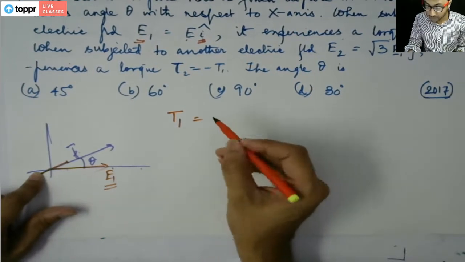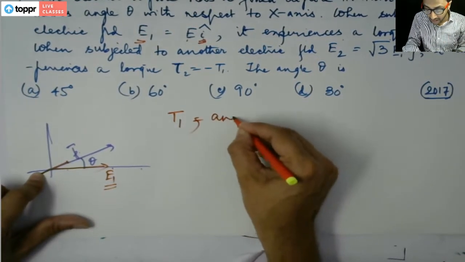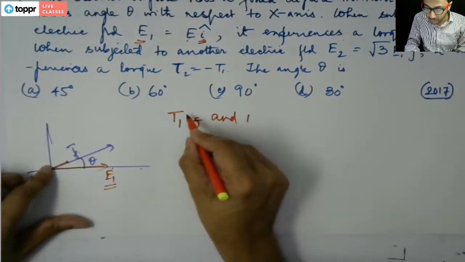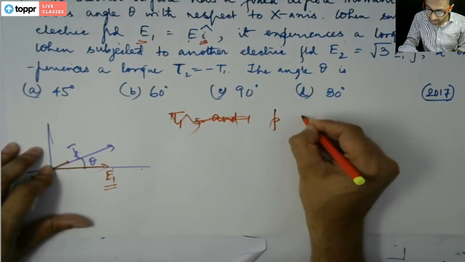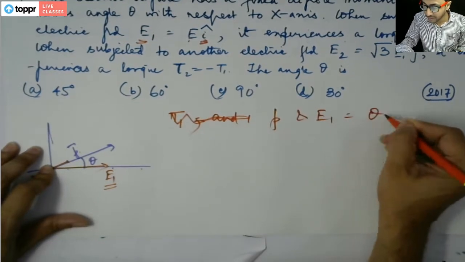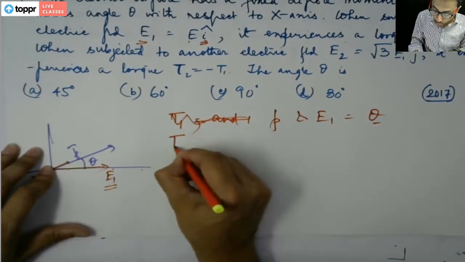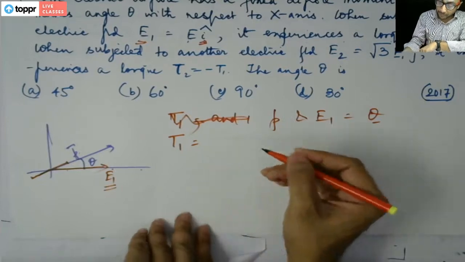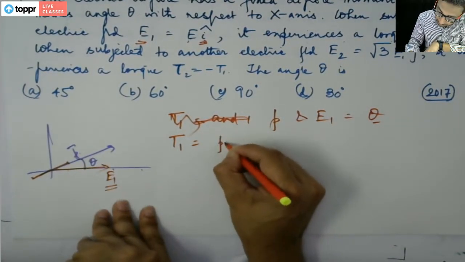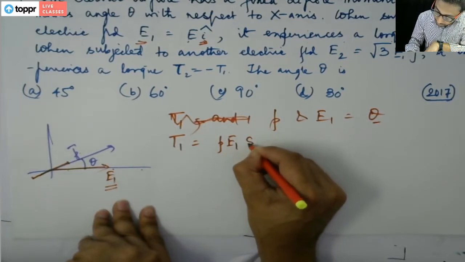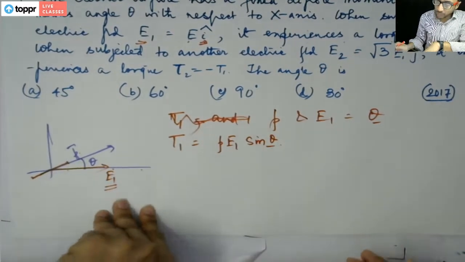So the angle between P and E1 is theta. So the torque T1 will be nothing but P E1 sin theta.